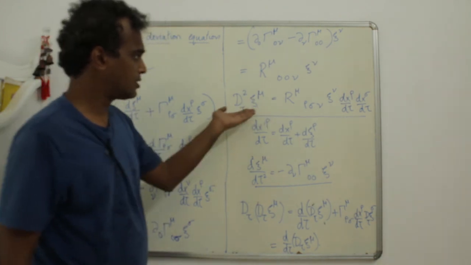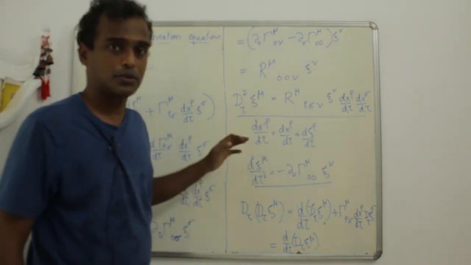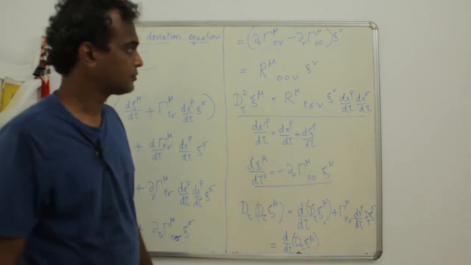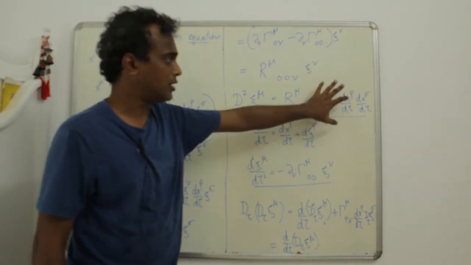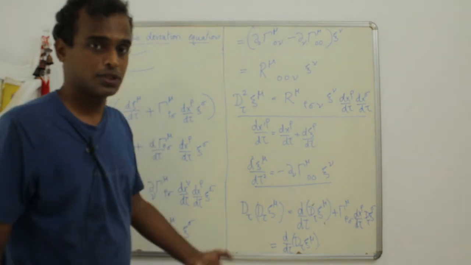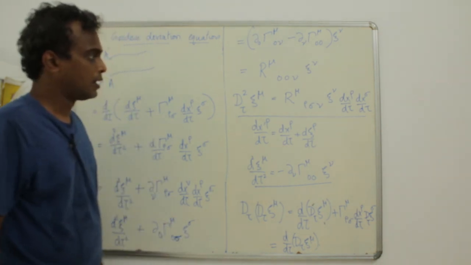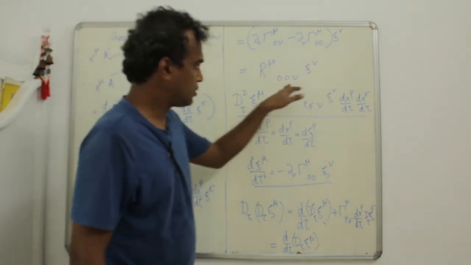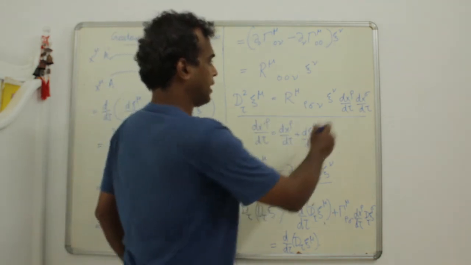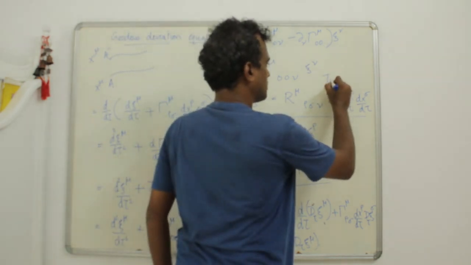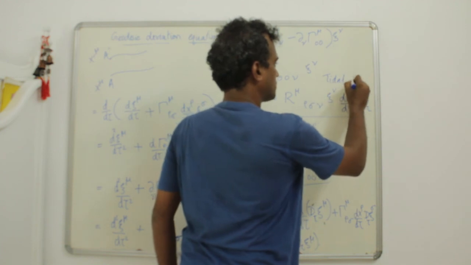Now this clearly has a form that reminds us of Newton's equation. But for Newton's equation, on the right hand side we would expect a force. So it is usual to term this factor on the right hand side as the tidal force.